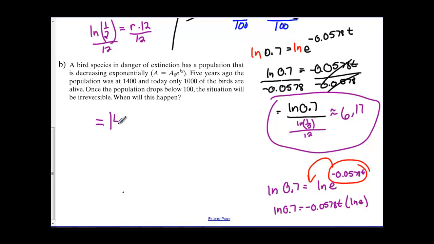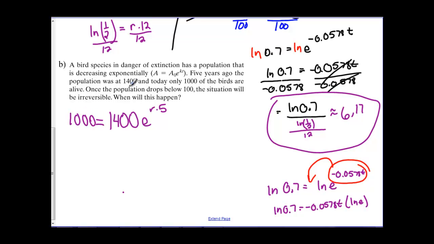So we know that we currently have 1,400. That's our initial amount, our original amount. We had 1,400 to begin with, and now 5 years later we only have 1,000. So we don't know the r. After 5 years, we went from the 1,400 to 1,000.